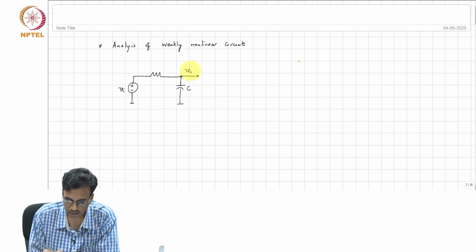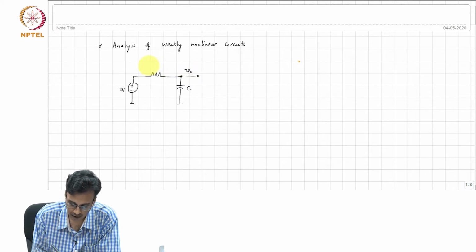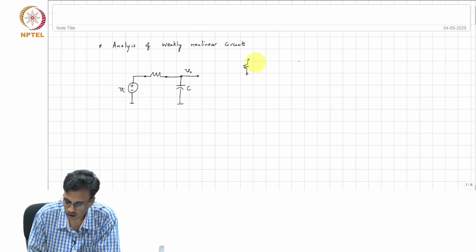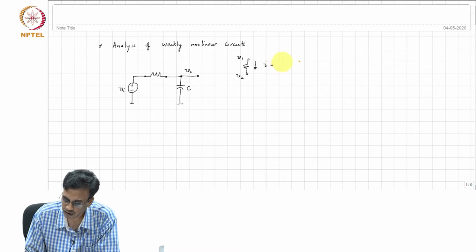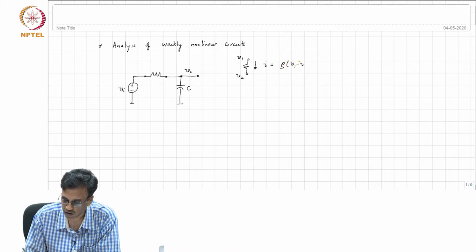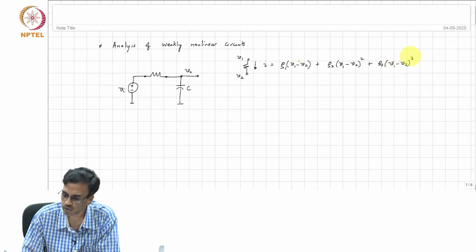So, let us say this is V out and the conductance is such that, with V 1 and V 2 across it, the current I is given by G times V 1 minus V 2, plus G 1 times V 1 minus V 2, plus G 2 times V 1 minus V 2 the whole square, plus G 3 times V 1 minus V 2 the whole cube.